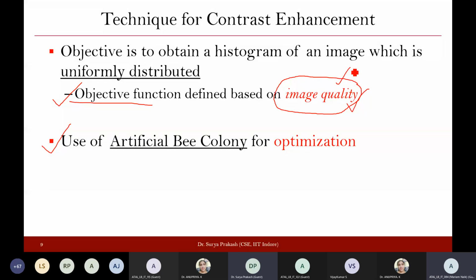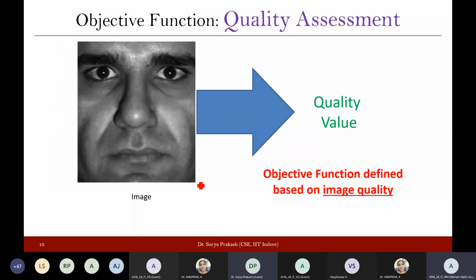When we are applying artificial bee colony for improving the contrast, every time we get a new solution, we'll see the image. We'll check the image quality. If it is improving, then we'll say that yes, the solution is a better solution. Otherwise, we'll say the solution is not a good solution. Right? So this whole objective function is actually based on the quality value.